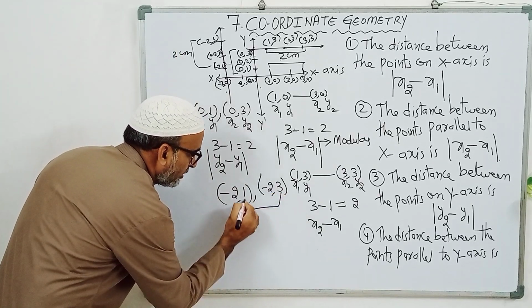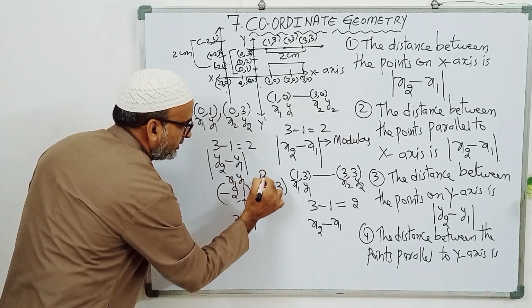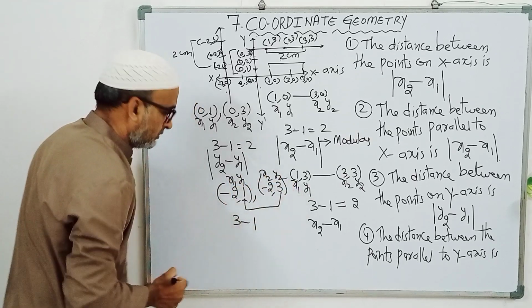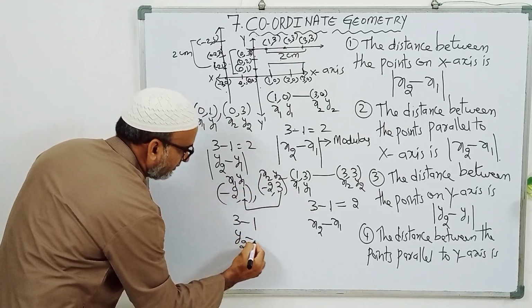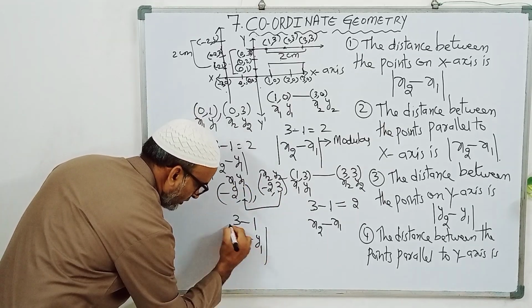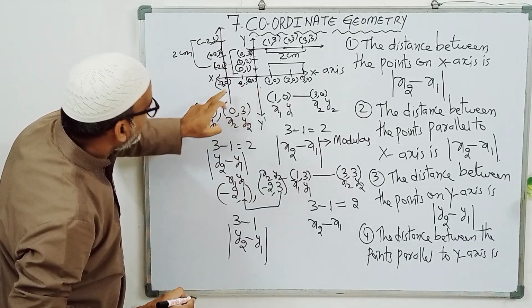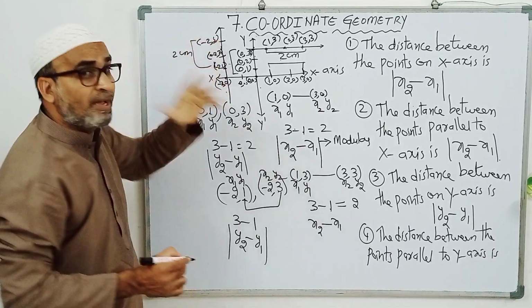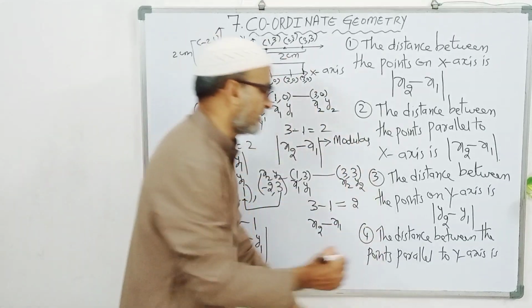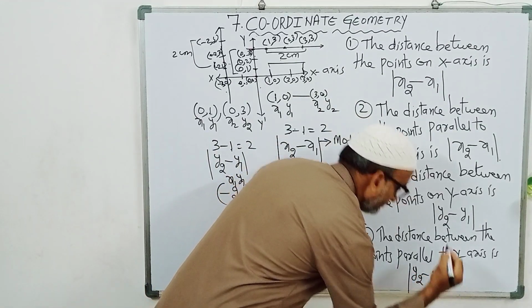From 3 if you take out, this is x1, y1, x2, y2. 3 is y2, 1 is y1. If you draw a line parallel to y-axis also, the distance between the points on this line is, what is the formula, modulus of y2 minus y1.